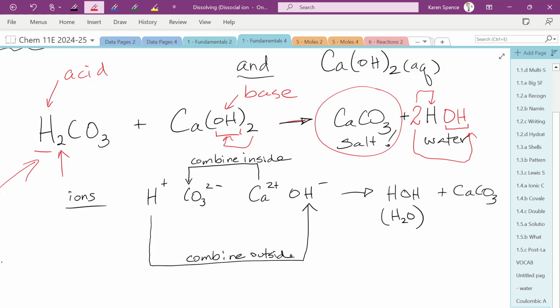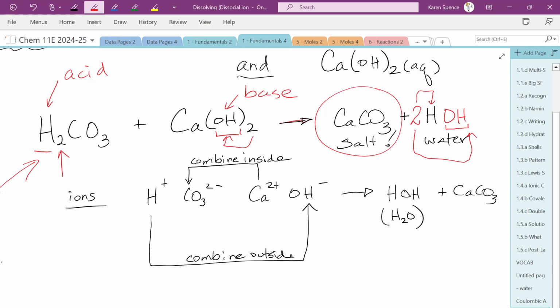So if you ever have trouble balancing those, the other thing to remember is that the number of hydrogens, hydroxides and waters will always be the same, because you have to have 1 hydrogen for every 1 water, and 1 hydroxide for every 1 water. So if you have 2 hydrogens, you must end up with 2 waters. Is that good?